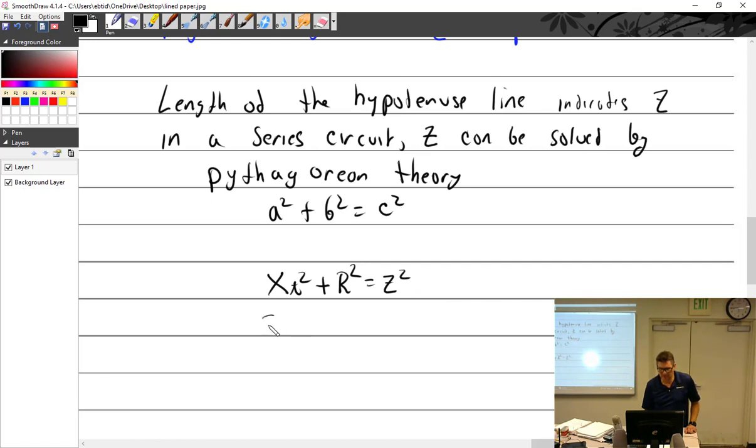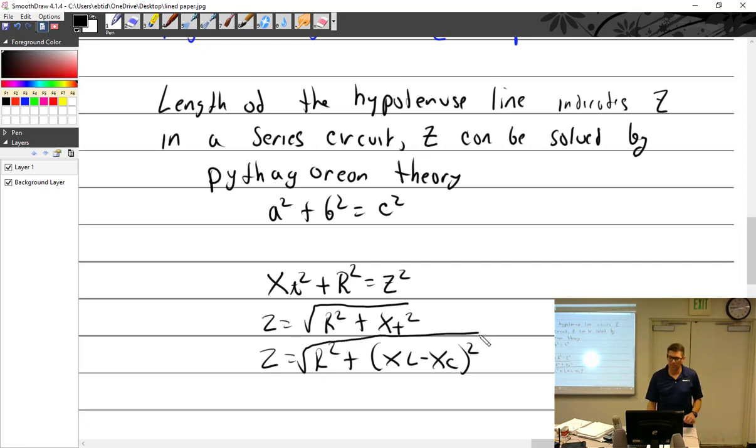I have Z equals the square root of R squared plus X total squared, and I have Z equals the square root of R squared plus (X of L minus X of C) squared. I probably should have made these all on separate lines. And what I want to tell you is all of these things are the same.